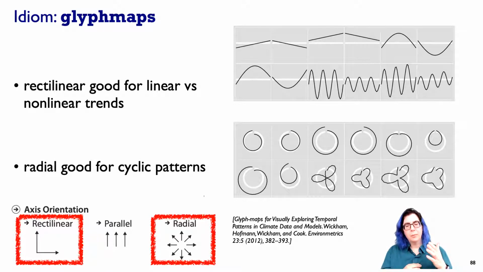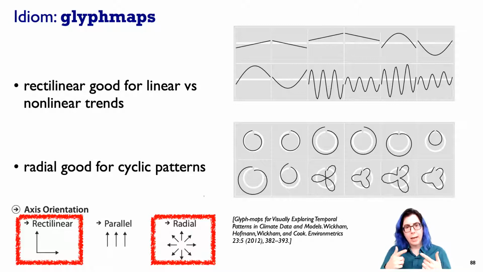And with the rectilinear plots, it's incredibly obvious when you've got linear versus curved, right? We can really have that jump out at us in a way that's much harder to see in the radial plots on the bottom. But conversely, we just sort of see squiggles in the rectilinear ones for trying to understand this cyclic pattern. And on the radial ones at the bottom, we can actually see whether the cyclic wraparound is just before or just after or almost spot on.